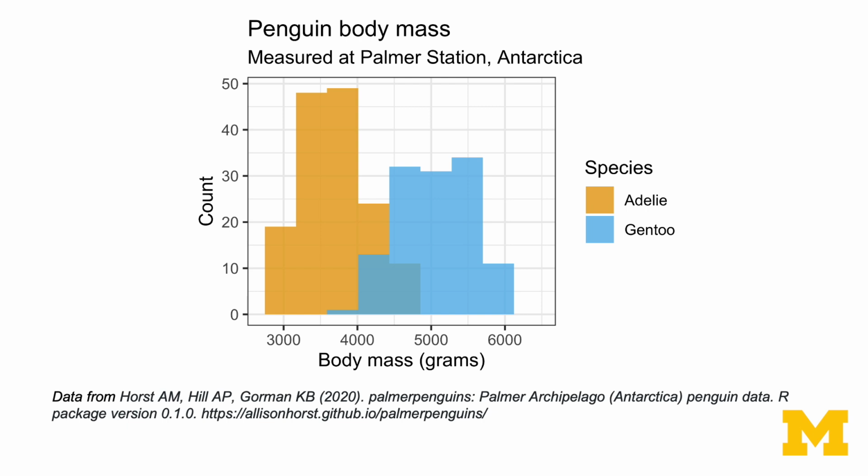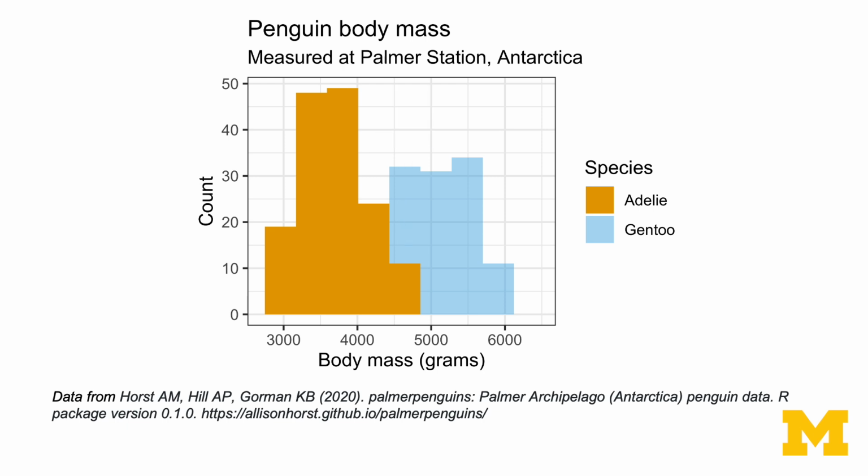Look at the graph for a moment and see if you can get any intuition, any hints that are calling out to you. Is every Gentoo penguin bigger than every Adelie penguin? Now, the biggest Adelie penguin is close to 5,000 grams. We can see that because in the distribution of Adelie penguins, we've got some data that's right around 5,000 grams.